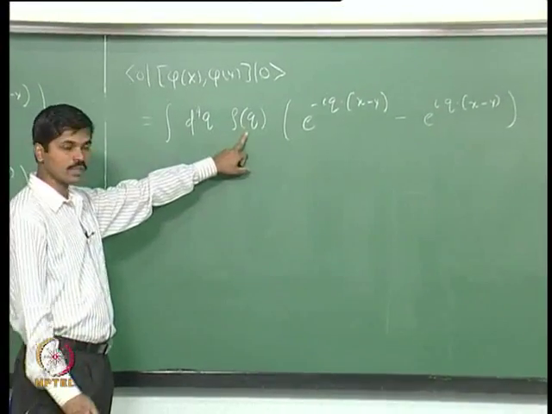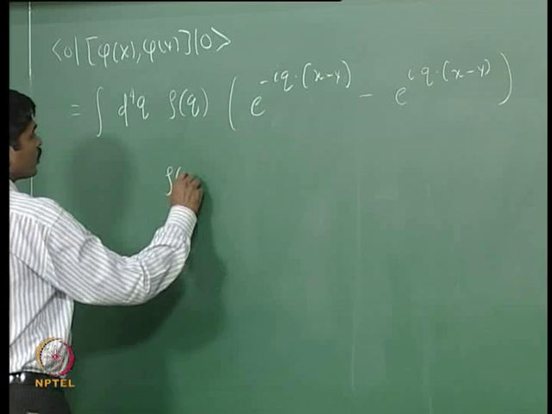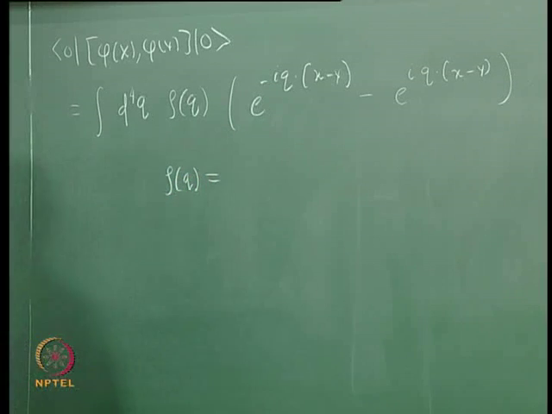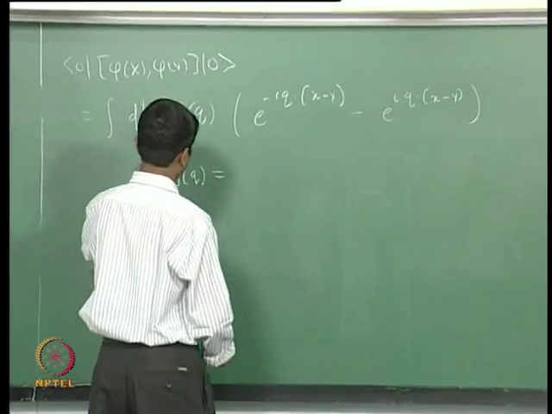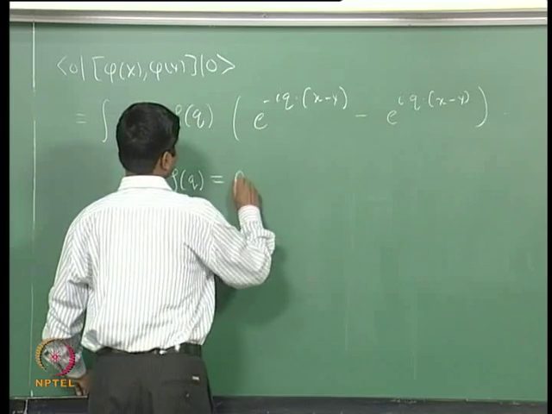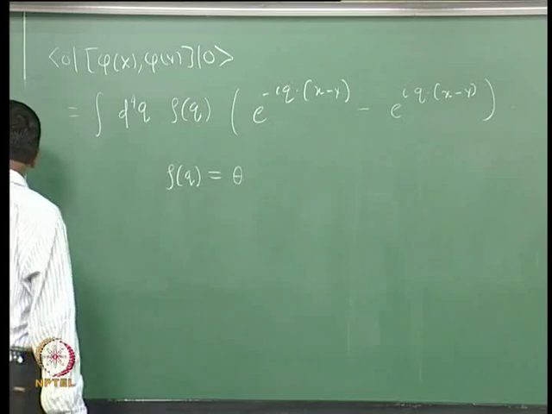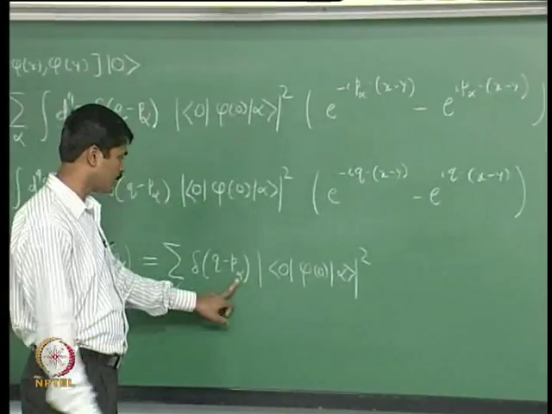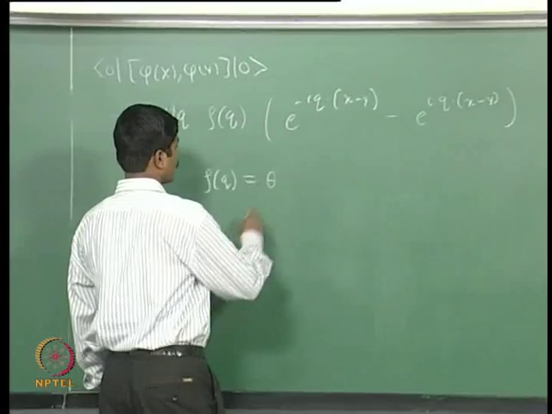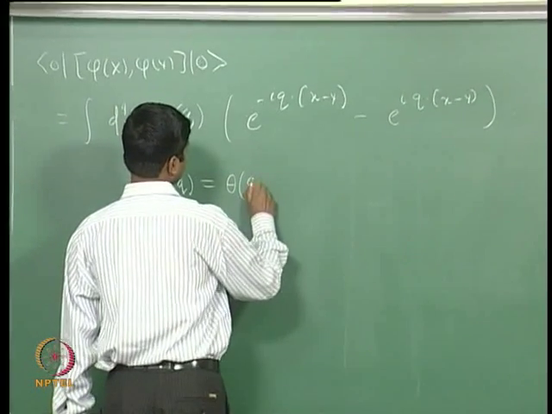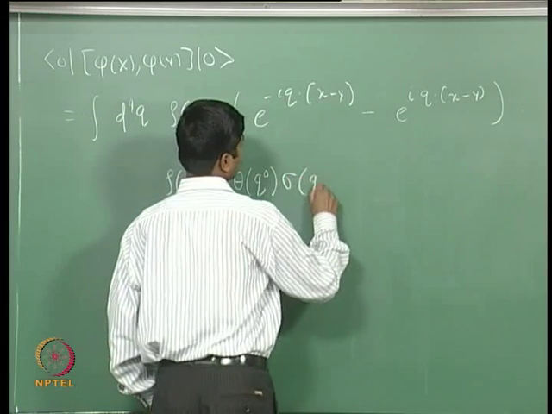Now, let us look at the function rho of q. Because these p alphas have positive energy eigenvalues, this quantity can be expressed as theta of q 0 times some function sigma of q squared here.